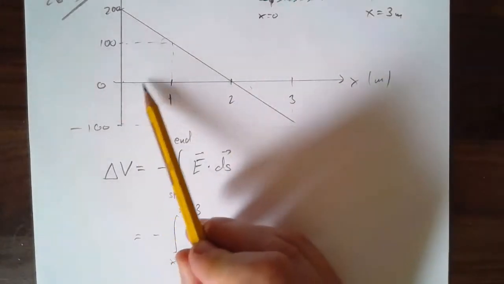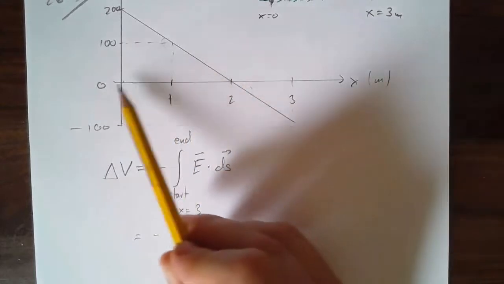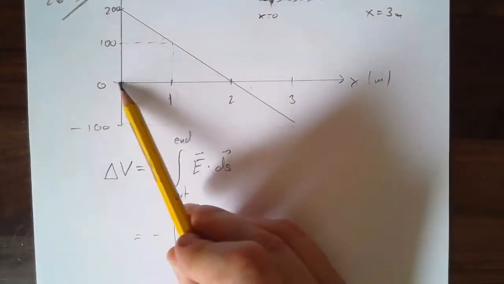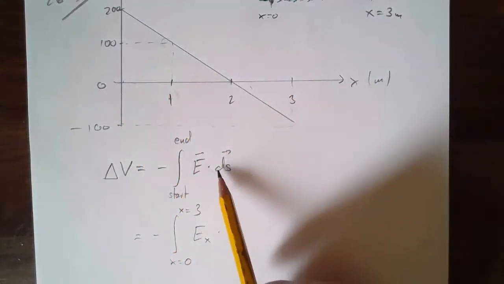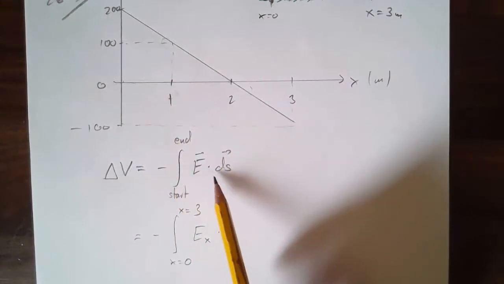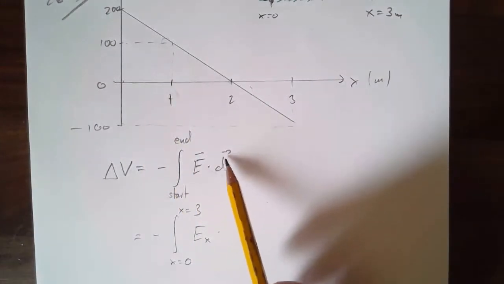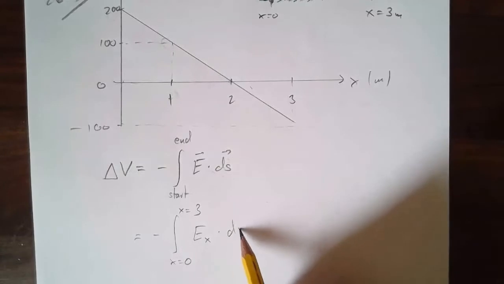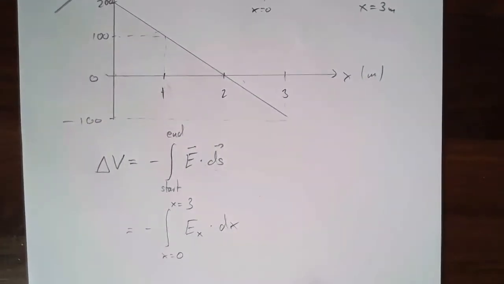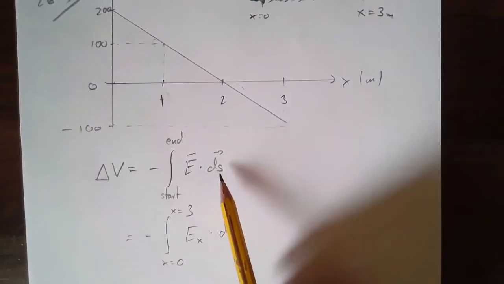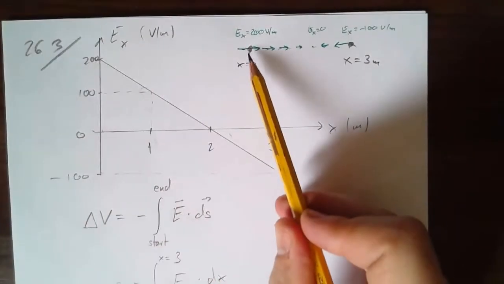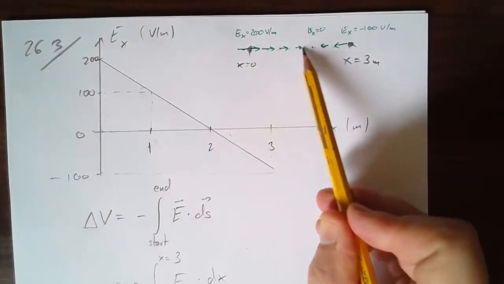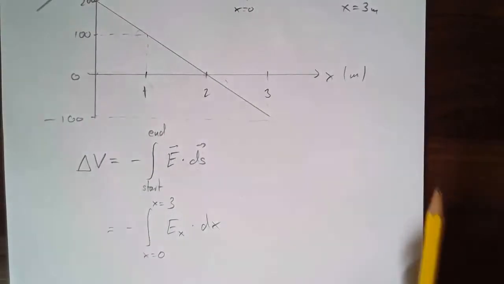Now, because we're calculating the potential difference along the x-axis, a little step ds, this general expression for taking a small step in some direction, well, it is just dx. Right? Because our path is just in a straight line from here to here.